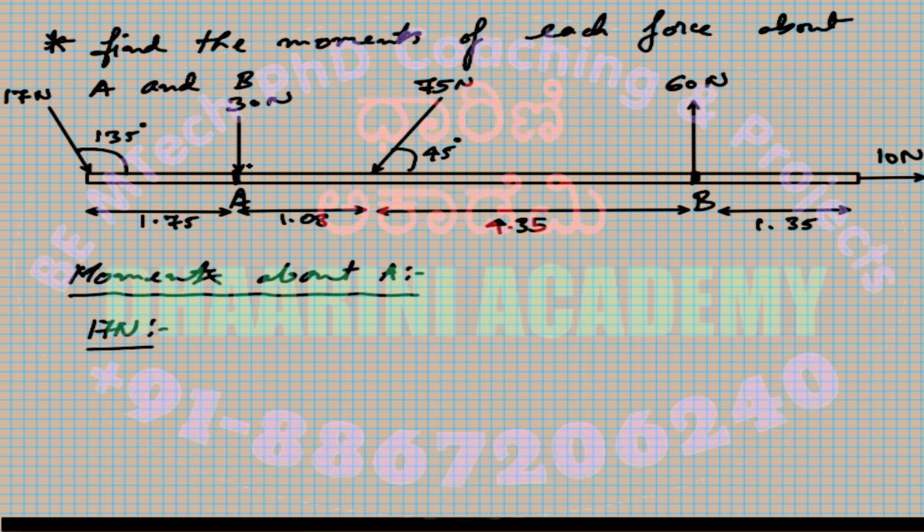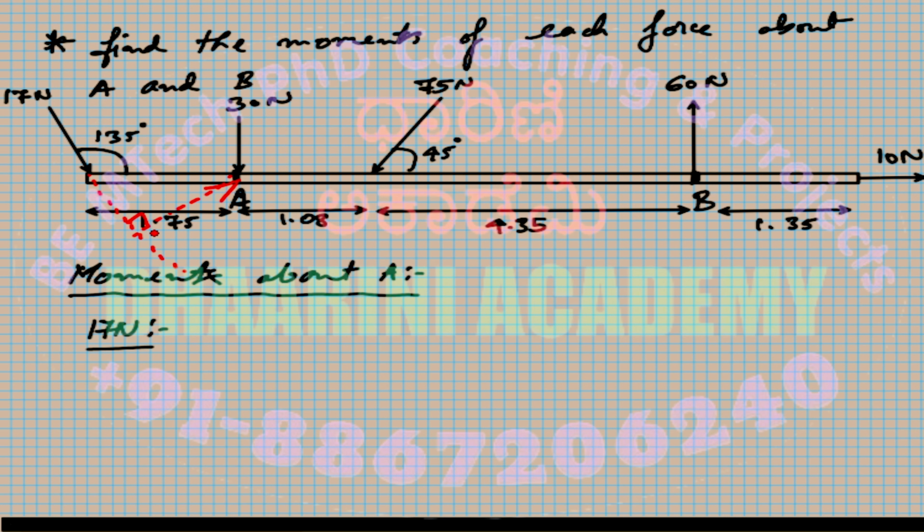I have to calculate with respect to A. The distance is given, but I want to calculate the perpendicular distance, right? So you see the concept of perpendicular distance. The perpendicular distance may actually come somewhere here, so I actually don't know what this distance is.